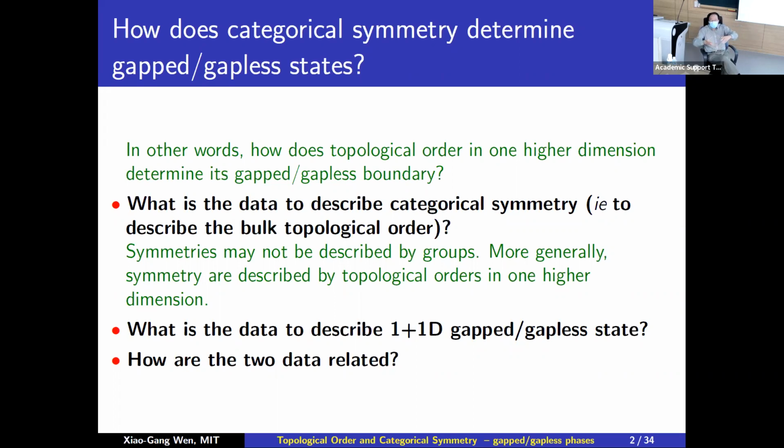Because when you have a lattice model even without symmetry, the local operator can be arbitrary, with no symmetry. But once you have a low energy subspace, suddenly you use low energy to select a subset of operators. Those operators only act within the low energy subspace and have non-trivial algebra. And that is the emergent symmetry.